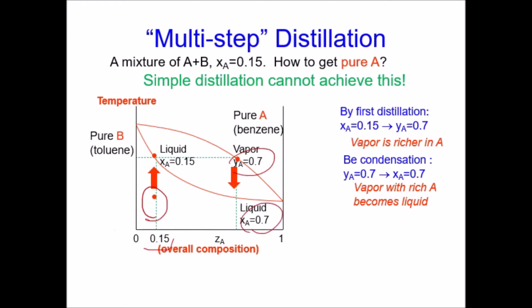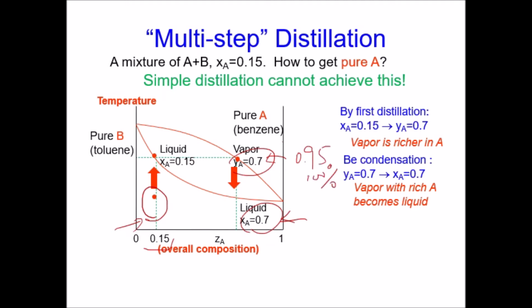So from a solution of high B concentration, we get a solution of high A, and we achieve some degree of separation. But the separation is not good enough because the vapor phase only has 0.7. Is there a possibility to get higher concentration, for example 0.95 or even 100%?